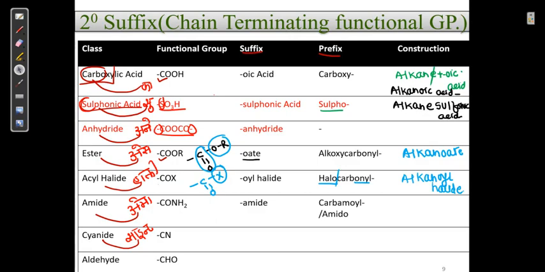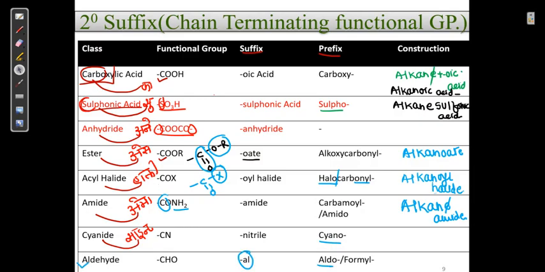It's simple, carbamoyl. Remove the E, alkanamide. Nitrile, this is cyano. This is AL and aldoformyl. Okay, this is AL and aldo. Remember, aldo also we will use.